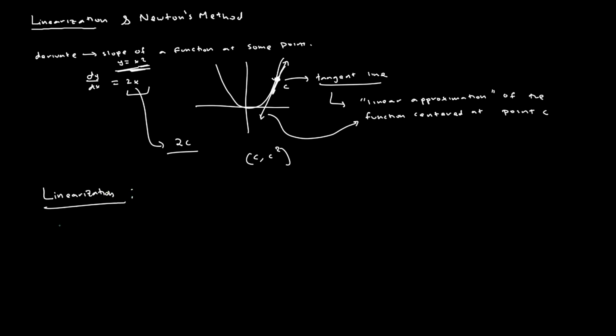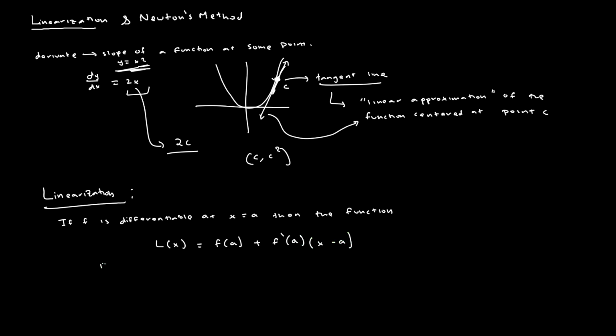Linearization is defined as: if some function f is differentiable at x equals a, then the function L of x is equal to f of a plus f prime of a times x minus a, is the linearization of f at a.